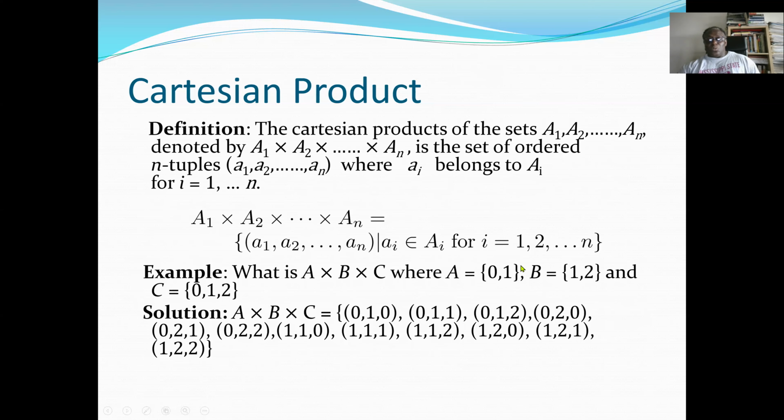What we do is multiply each element by the elements of the other sets. So with {0, 1} and {1, 2}, we get 0 with 1, then 0 with 2. Then we take 1 with 1, and 1 with 2. We put them together, then we get the result.